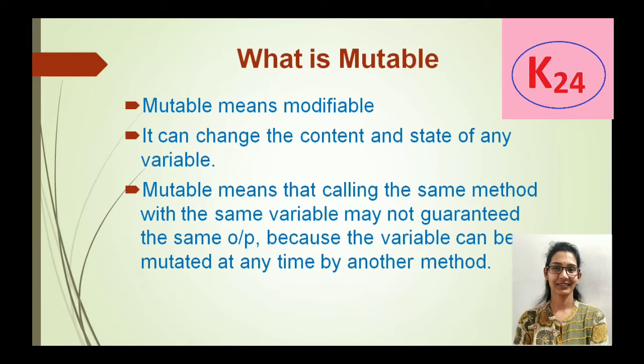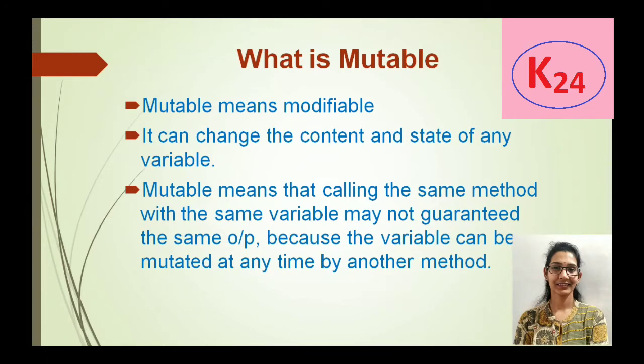The use of a mutable object is when there is a need to change the size or content of any object. Examples of mutable objects are list, set and dictionary.